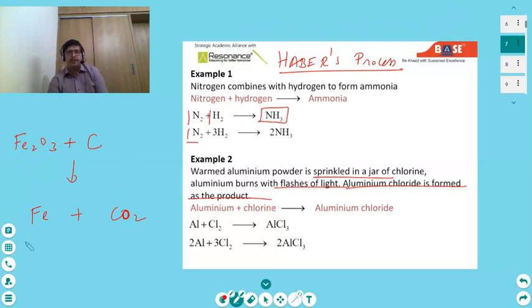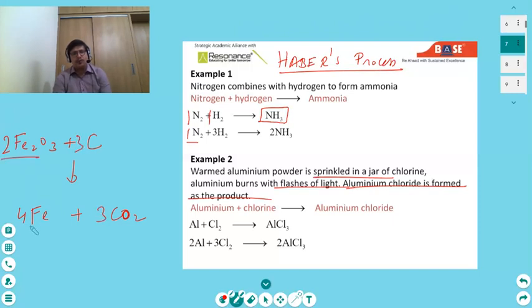So 2 iron, 1 iron, unbalanced form, 3 oxygen, 2 oxygen, 1 carbon, balance it now. Good. So this is 2. So it becomes 4 Fe. Yes or no? Carbon is how many? Carbon is 1. So you will be making it as 3 and 3.